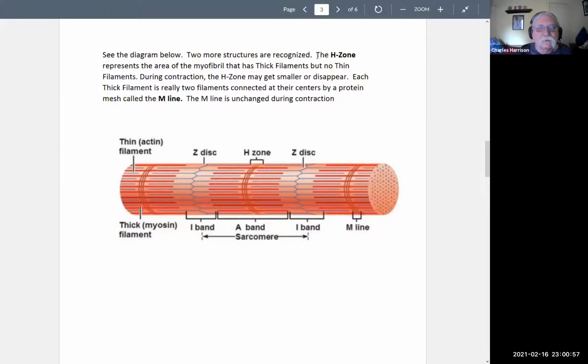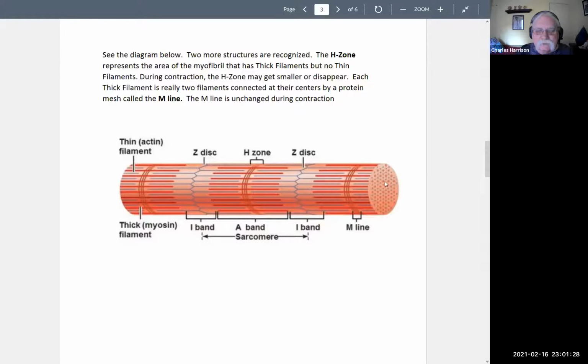Now I've written that up here for you. The H zone represents the area of the myofibril that has thick filaments but no thin filaments. So the thick filaments are only here. Both are out here, and only the thin filaments are out here. That does allow them to contract.